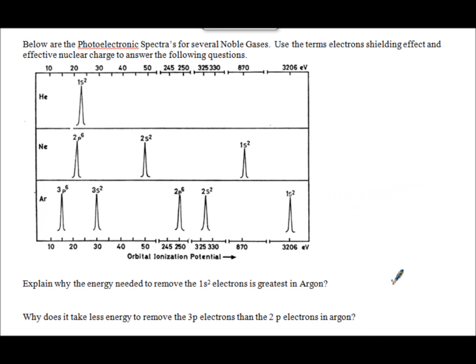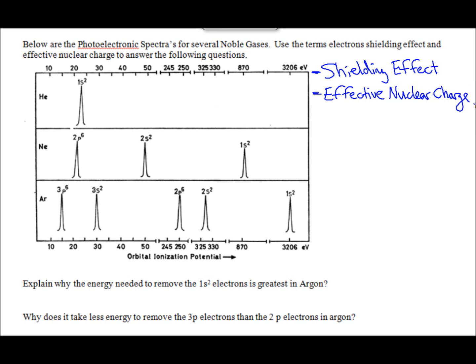There are 2 key terms we need to use correctly, though. Shielding effect is one key term, and the other key term is effective nuclear charge. And so let's explain each of those terms before we get into these.